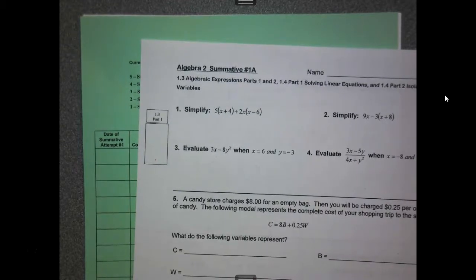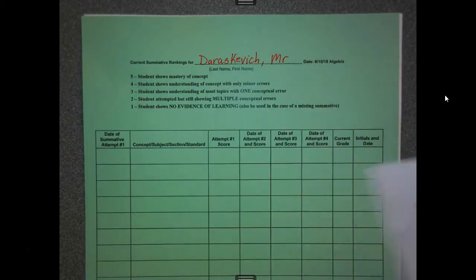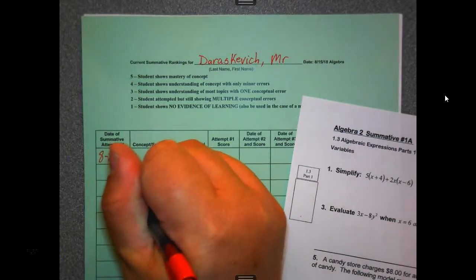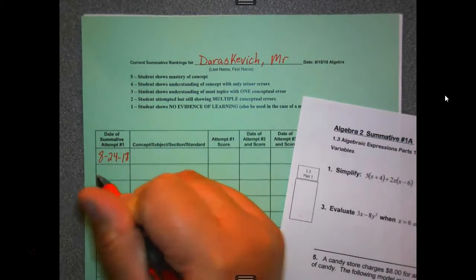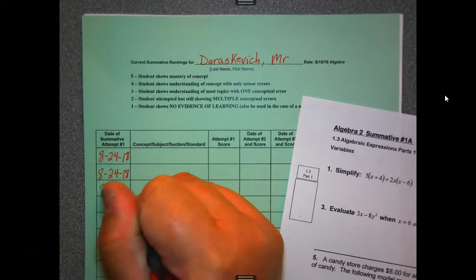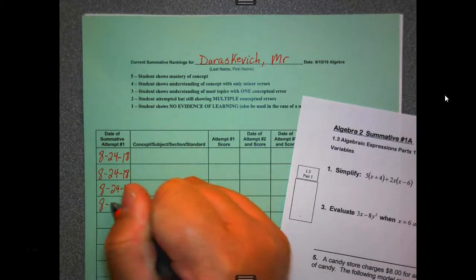So in this section, this was 1.3 part 1. Let's say we had 4 sections, first of all. We took this on the 24th, 8/24/18. There's my first section. Here's my second section. Here's my third section. And my fourth section.